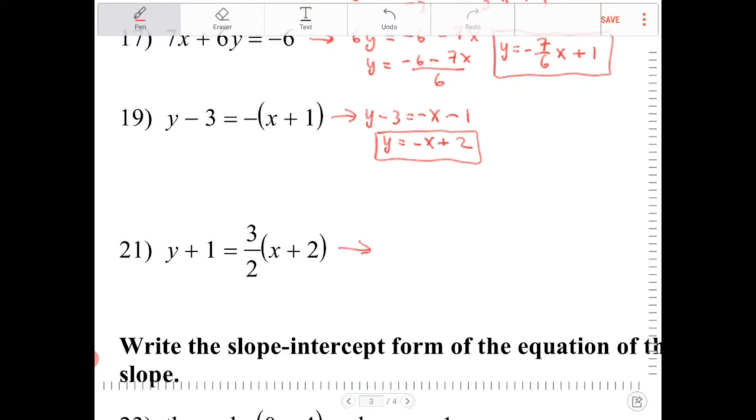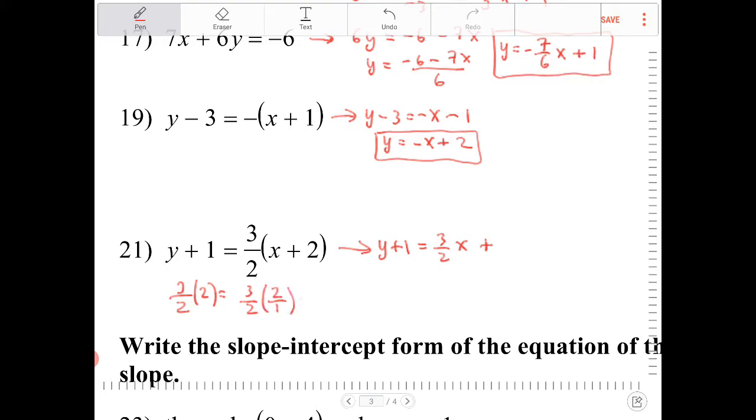Similarly, we are going to distribute the 3/2 through. So I have y plus 1 is equal to 3/2 x plus 3/2 times 2. I'm just going to write the little scratch work here. What is 3/2 times 2? Well, it's the same thing as 3/2 times 2 over 1.